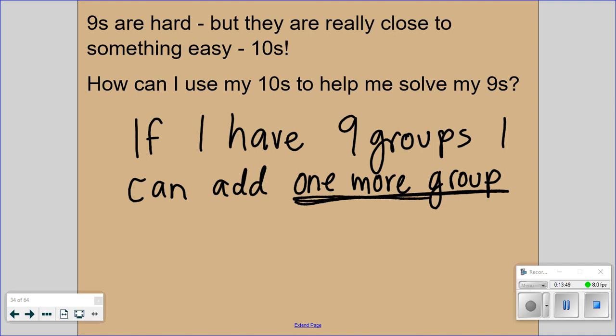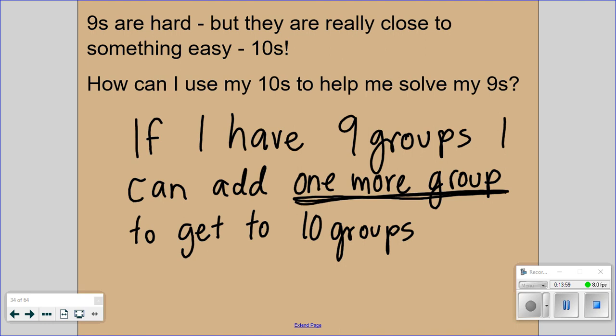That's the really important part, 1 more group to get to 10 groups. If I have 9 groups of something, all I need to do is add 1 more group of that something, and now I'm at 10 groups of that something.